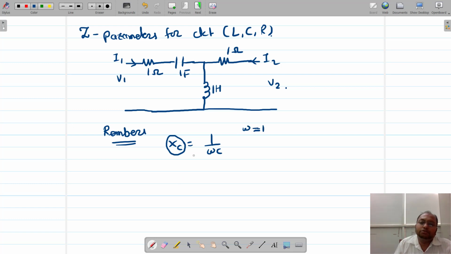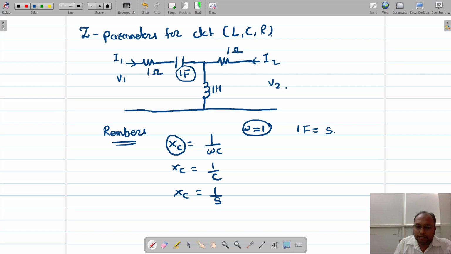So can I say that XC is equal to 1 upon C? Right now this is in farads, and we are going to write XC is equal to 1 upon, so let us say 1F is equal to 1 by S. So if it is C, then it is 1 by S. Are you getting it?